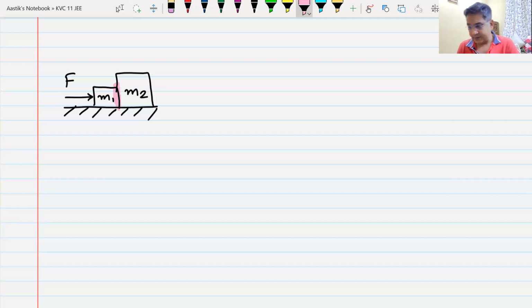Everyone has solved this? Yes or no? A equals F by M1 plus M2. That is correct. And what about the force between the two blocks? What about the force between the two blocks?